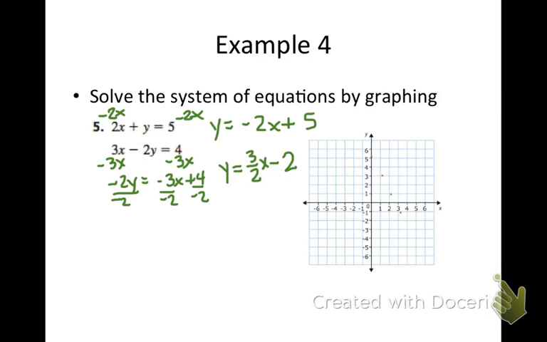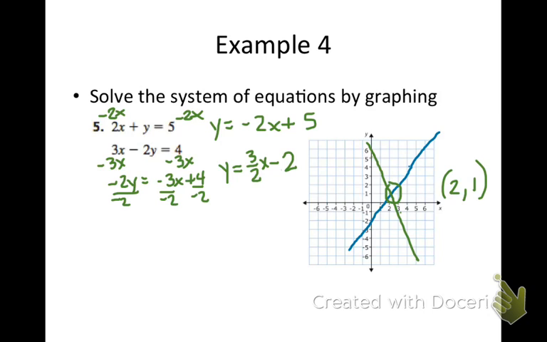And if I switch colors here, and I graph the next line at a y-intercept of -2, I can see that this is where my, okay, so here's this line, and my green line, the first line, is right there, and this is the point of intersection, which is at 2, 1. And so then I'll substitute it back in.